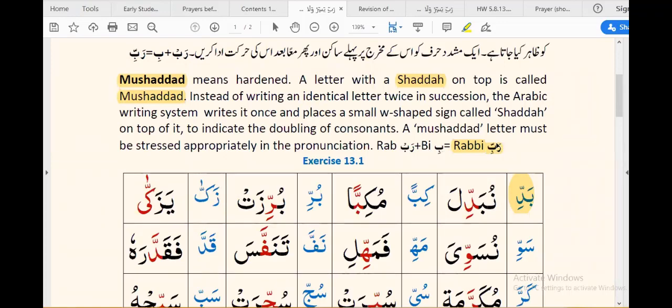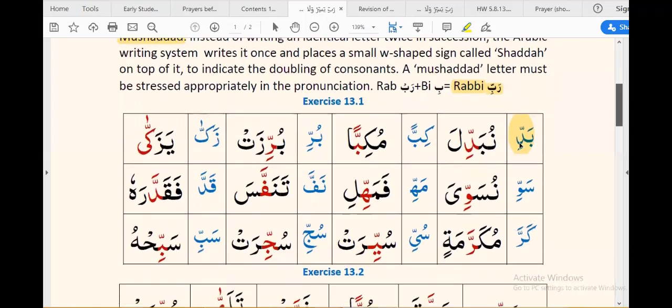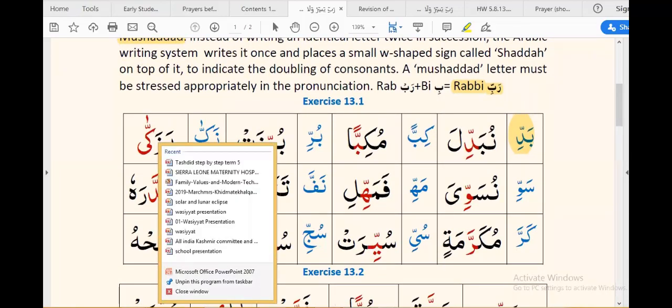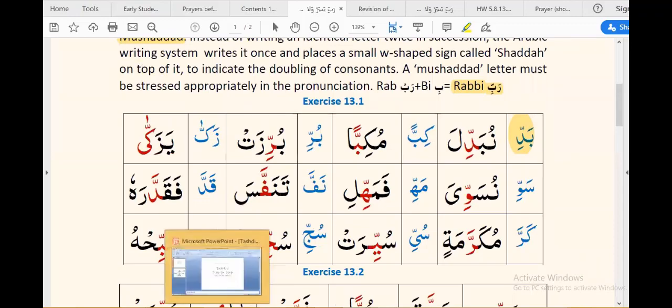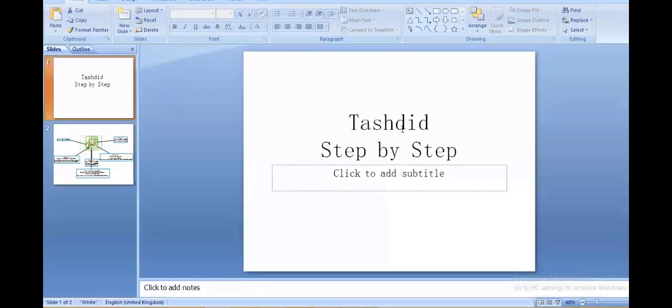That is why when you read it, you must read it as though there were two bas next to each other. So it is very important to stress any letter that has a shadda on it. As an example, I will go through a step-by-step guide on how to pronounce mushaddad letters.